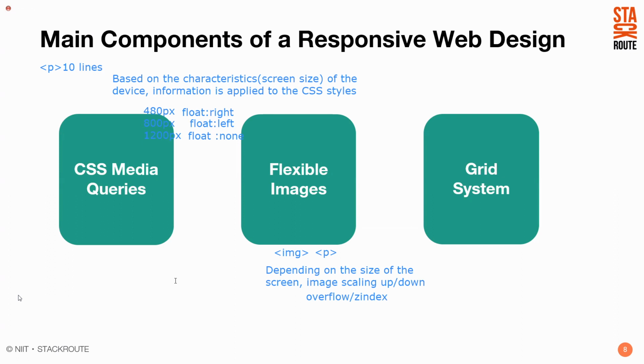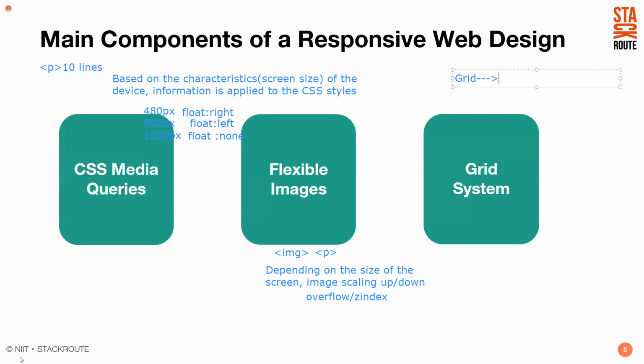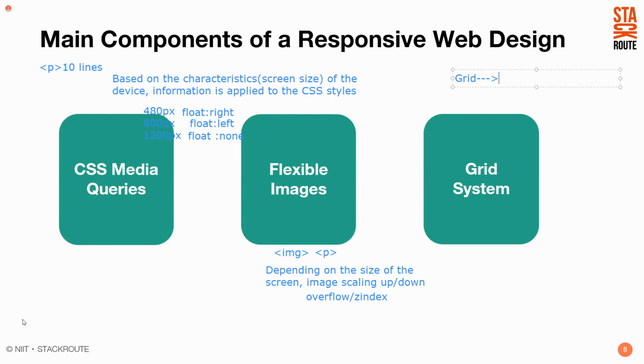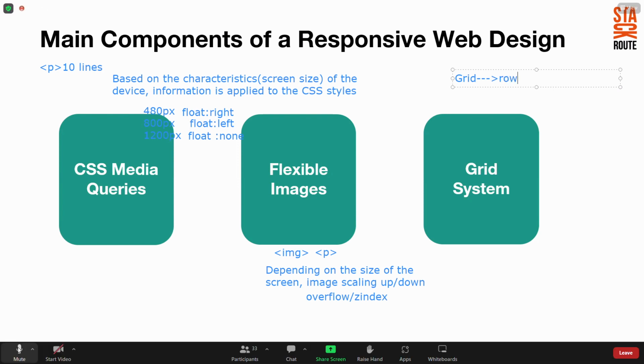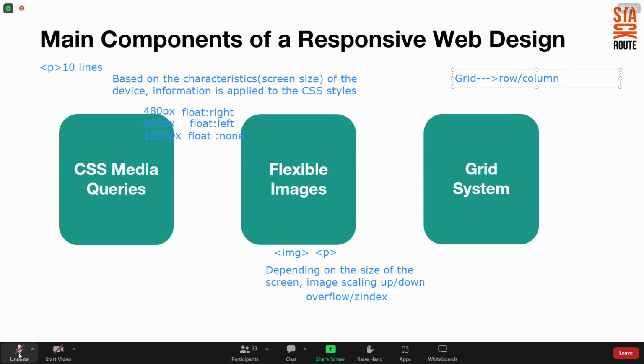Okay, so moving on to the last one. Have you ever come across the word grid? Grid means? All right, I will not take the word table; instead I will take the words rows and columns.